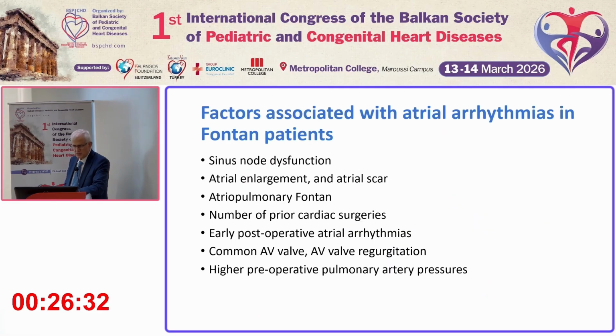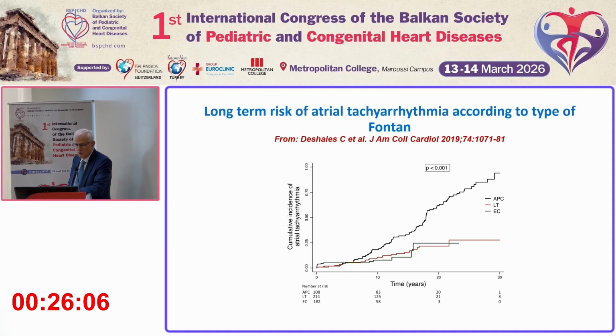These patients develop various arrhythmias, and the factors involved here include sinus node dysfunction, atrial scar, the old-style Fontan, the number of prior cardiac surgeries, early postoperative arrhythmias, common AV valve regurgitation, and higher preoperative pulmonary artery pressures.